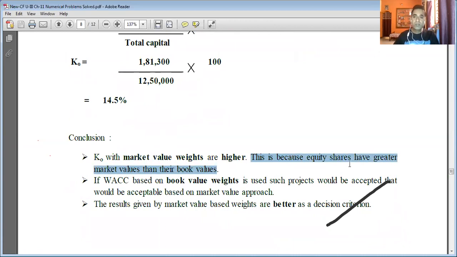This is because equity shares have greater market values than their book values. The book value of equity shares was 5 lakh rupees, whereas the market value of equity shares is 6 lakh rupees.